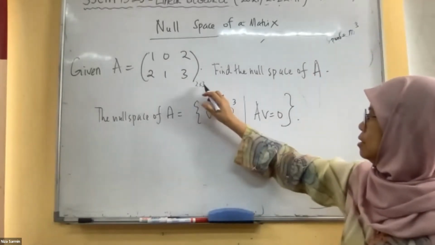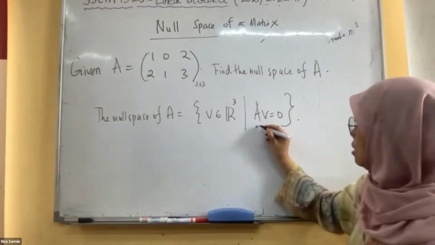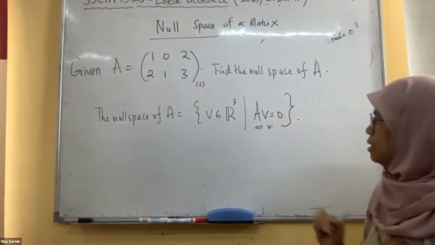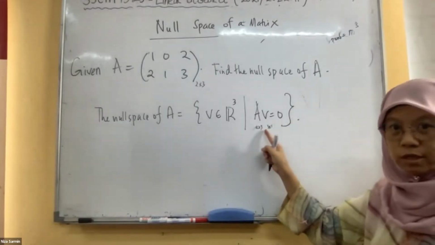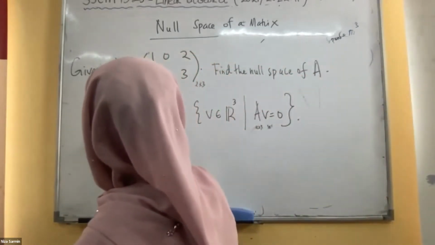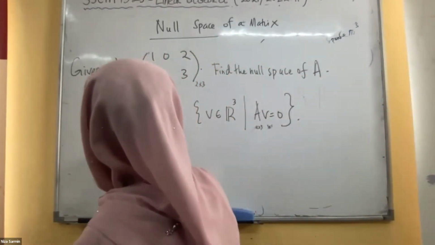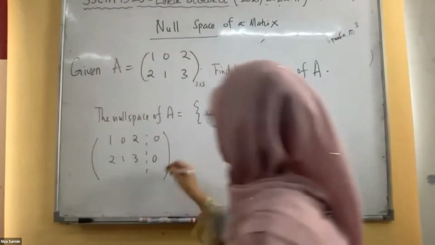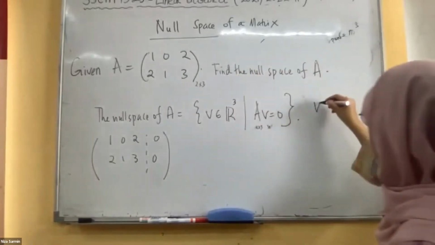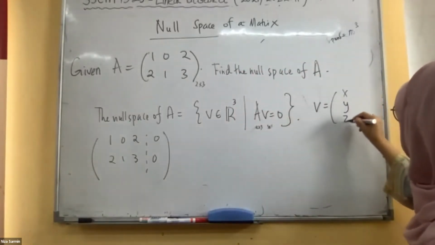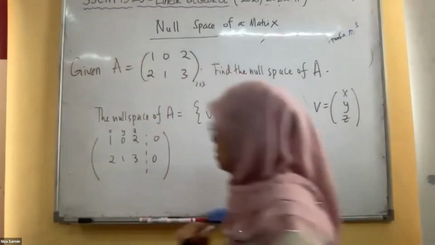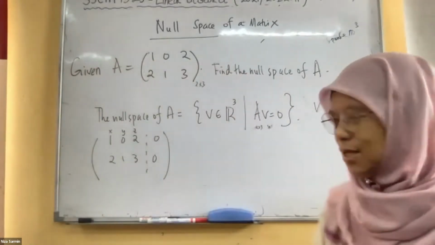Because A is 2 by 3, of course V is 3 by 1, so this has to be in R3. How do you do it? 1, 0, 2, 0, 2, 1, 3, 0. If you put V as X, Y, Z, this is the little x, y, z.